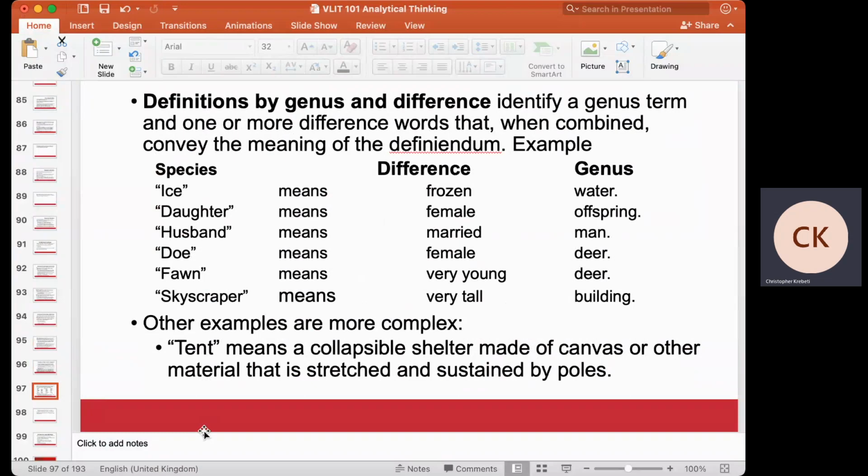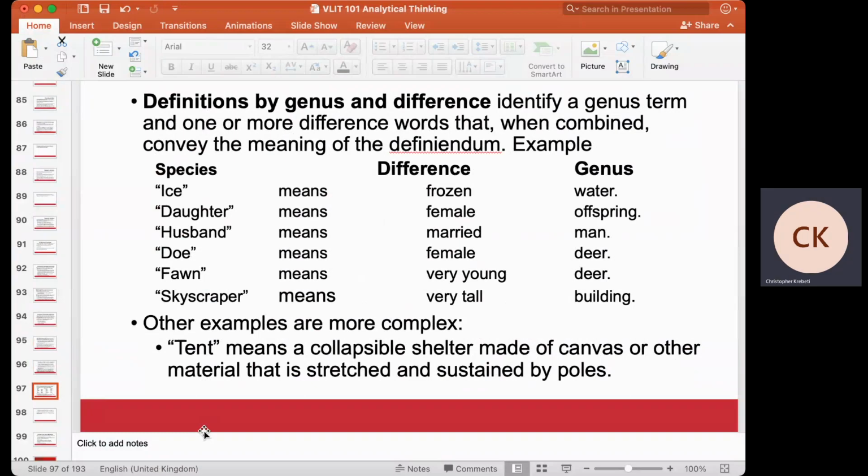Husband means married, and the genus term is man. Doe means female, the genus term is deer. Fawn, the same, and the difference is very young. The genus is deer. Skyscraper means very tall. The genus, that is the source word, is building.